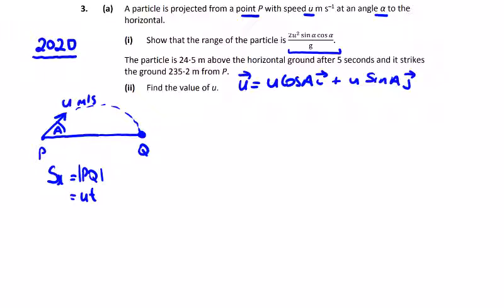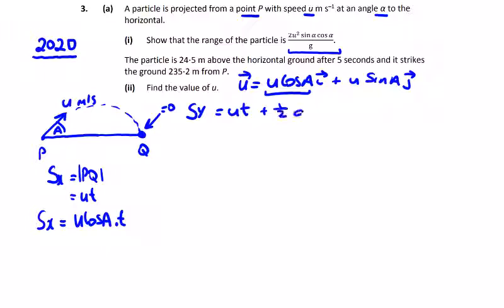So for S of x, u cos alpha times t is the range. So you can see here we need t. This is where we go to displacement in the y direction, which at this point equals 0. So that's ut plus a half at squared, a being minus g as the particle is being brought down to earth.